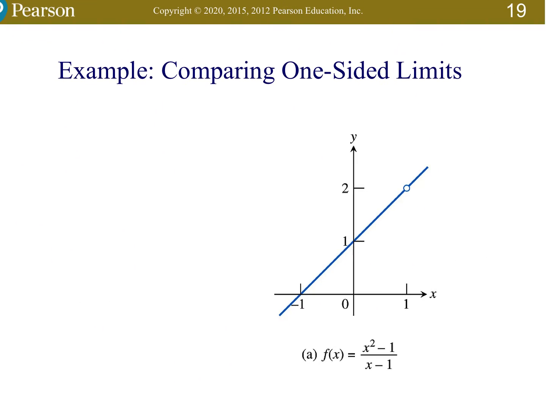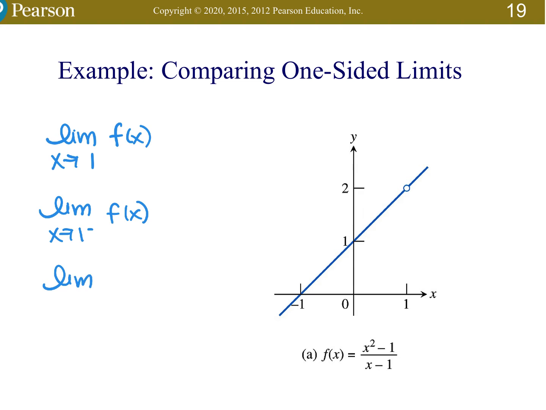Okay, so here is a drawing graphically where there's a hole in the graph, but the graph has limits both on the right and the left-hand side of 1. Let's start comparing the limit as x approaches 1 of f of x, the limit as x approaches 1 minus, the left, of f of x, and the limit as x approaches 1 plus of f of x.